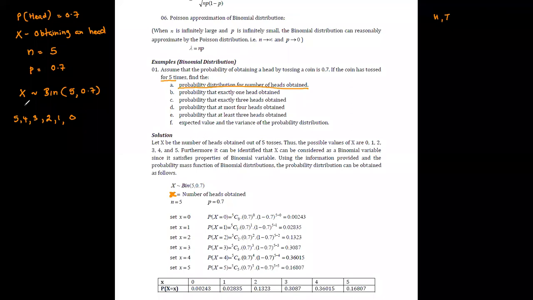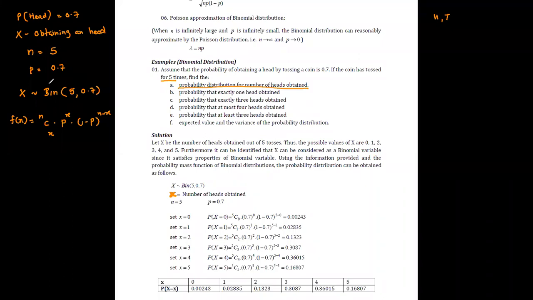If I write down the probability distribution function of x using f(x), it can be written as nCx times p to the power x times (1 minus p) to the power n minus x. We know the value of n and the value of p.